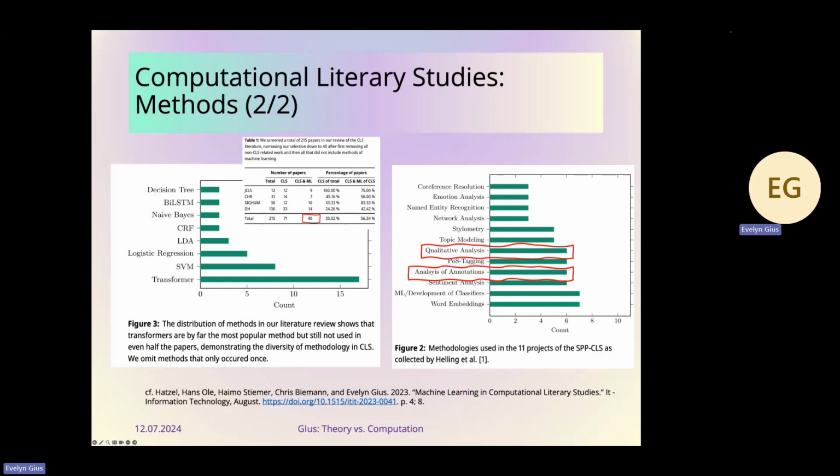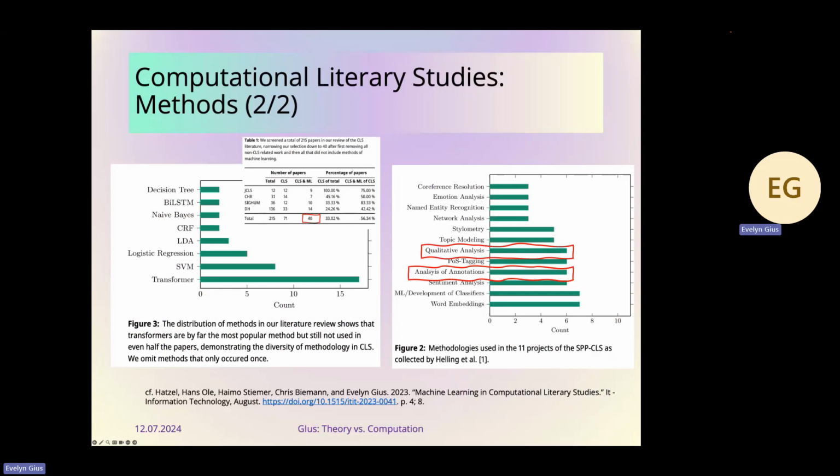What turns out here is that some of them said, actually 6 in each case, qualitative analysis and also analysis of annotations. And the rest did some mixture between what you see on the left-hand side and what I showed you before. So they said co-reference resolution or named entity recognition, stylometry, topic modeling, but also machine learning, development of classifiers, which of course can comprehend most of the things on the left, and so on.